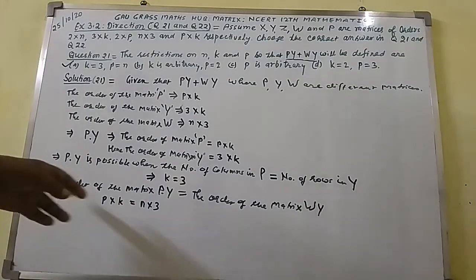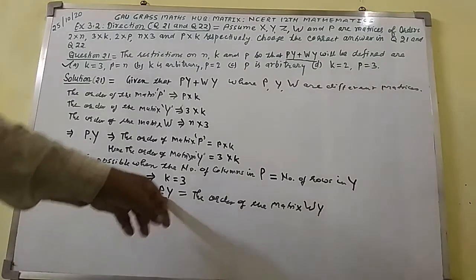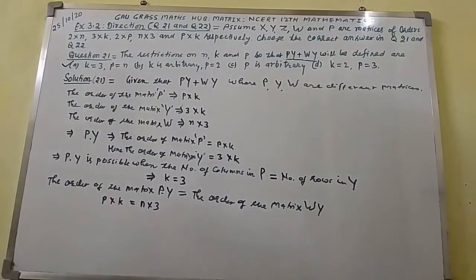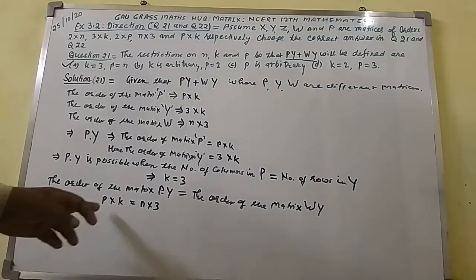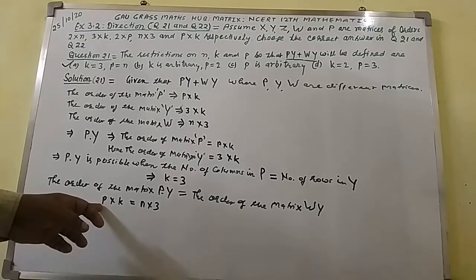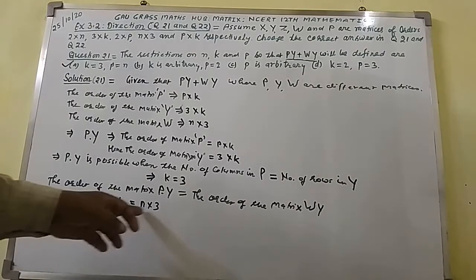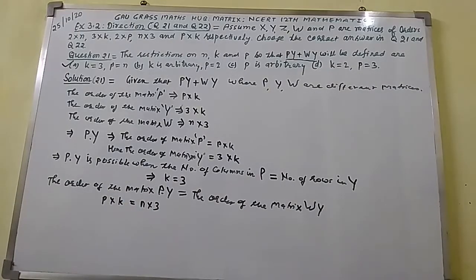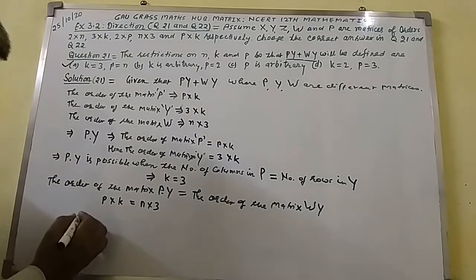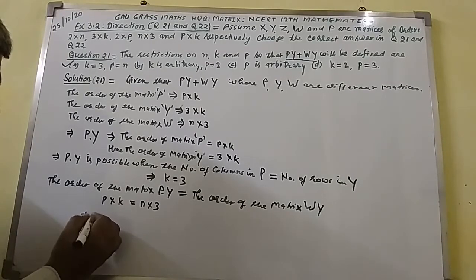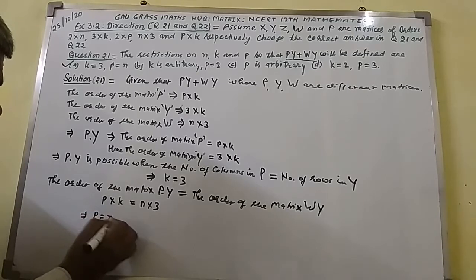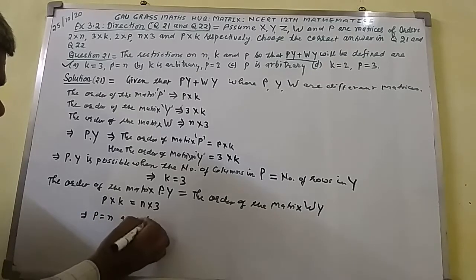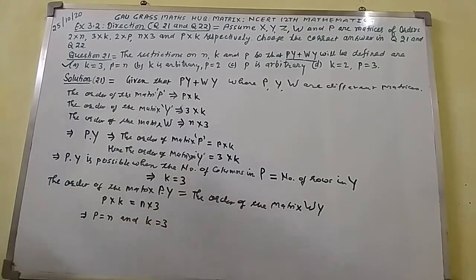Here you can see the order of the matrix Py will be P cross K equal to N equal to 3, and on that basis you will judge very well, implying that P equal to N and K equal to 3 you will get.